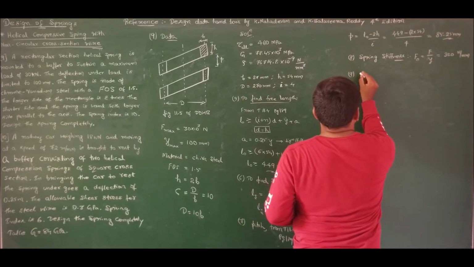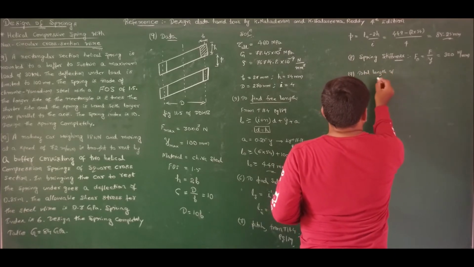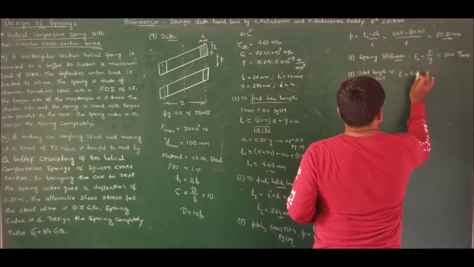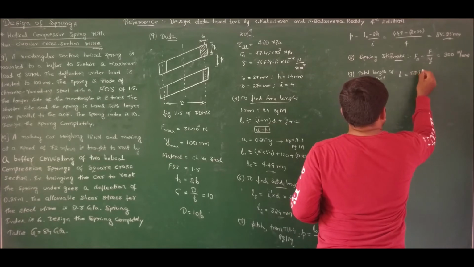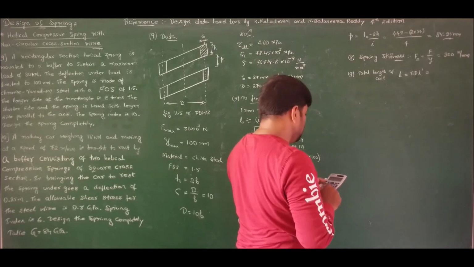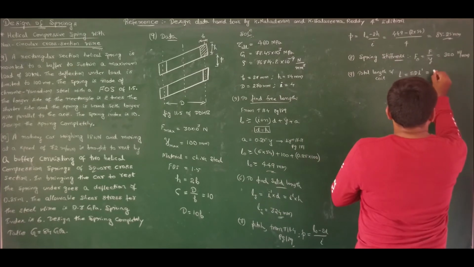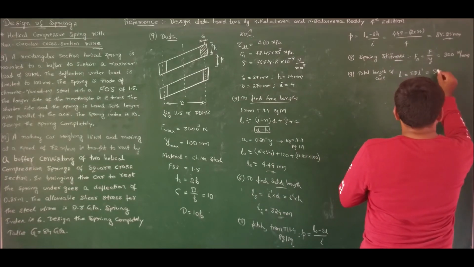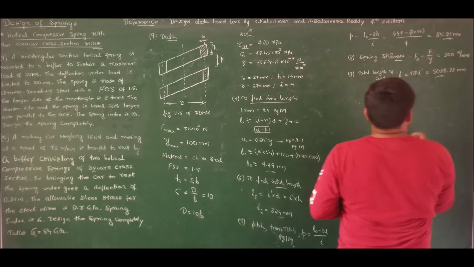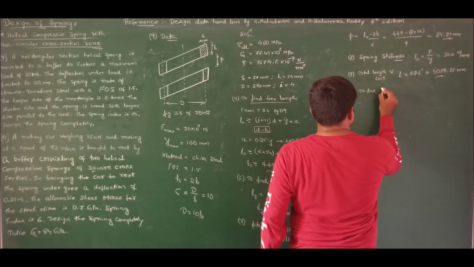Moving for step number 9, total length of coil, we have L is equal to pi capital D I dash. We know all the values. Pi times 270 into I dash is 6, which is turning out to be 5089.38 millimeters.